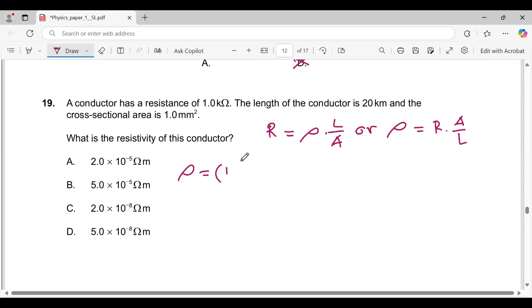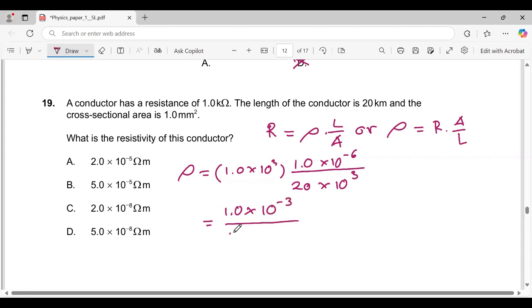1 kilo ohm is 1.0 times 10 cube because it's 1,000, times A is 1.0 times 10 power minus 6, over 20 times 10 cube. 1.0 times 1.0 is 1.0, and 10 power minus 6 times 10 cube gives 10 power minus 3, over 20 times 10 cube.